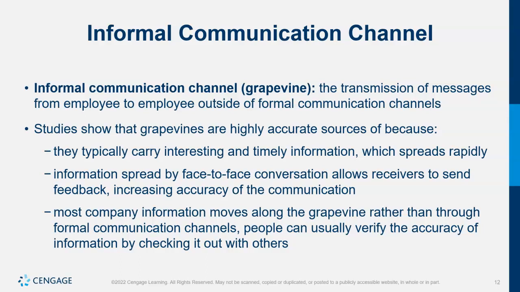Information is spread face to face and allows people to send and receive feedback, increasing the accuracy of the communication. And actually, a lot of company information moves along the grapevine rather than through formal communication channels. And people fact check it by verifying it with others. So it's really important to understand these informal communication channels within the workplace.